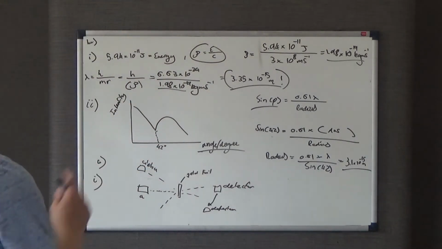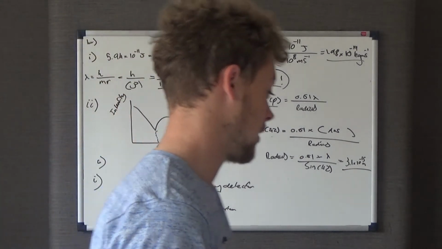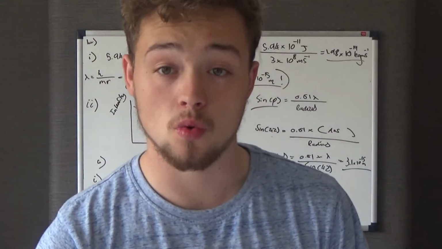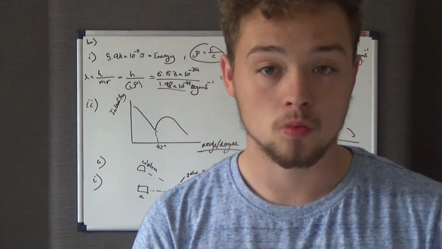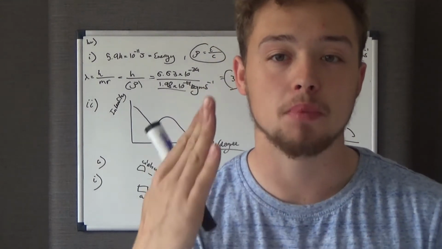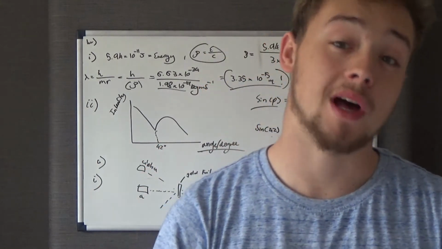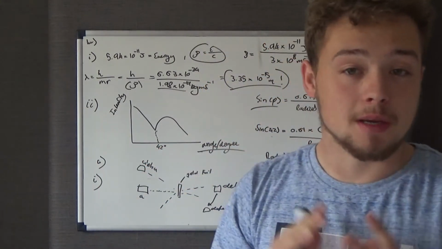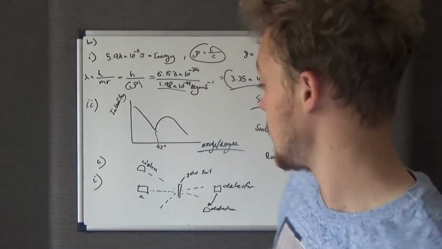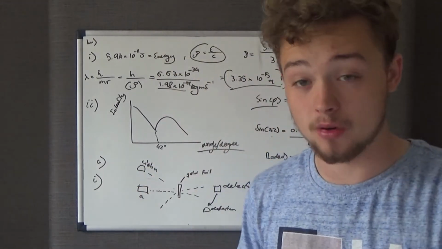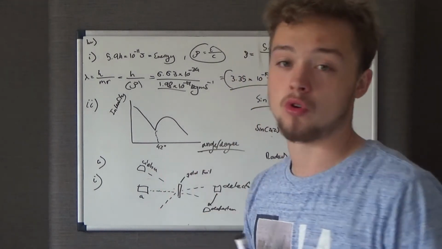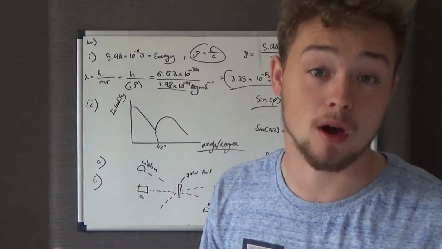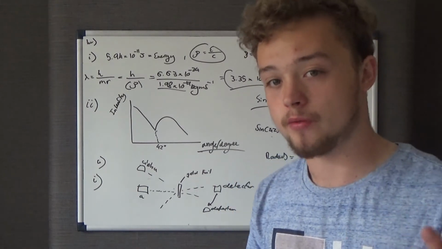The third thing that it says on the mark scheme that you need to be aware of is the fact that this gold foil is not 2D, it's not a flat plane, it is kind of curved as well. So in the mark scheme it says you can either show this by having the alpha at different angles and the detector at different angles as well, or you can simply draw the gold foil as a 3D object, which obviously it is.